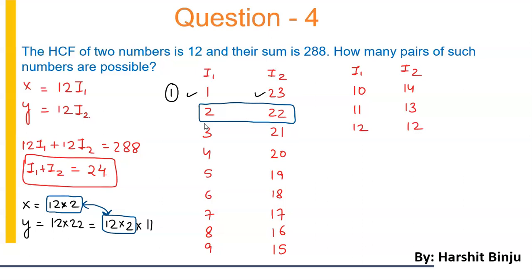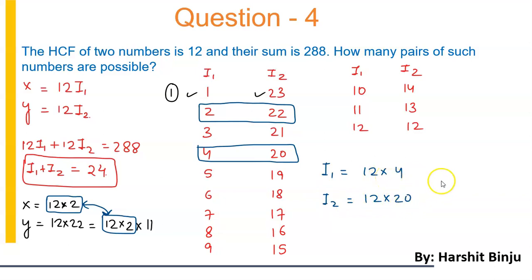Which means if you go for 4 and 20 also, I1 will become 12 into 4 and I2 will become 12 into 20. So it's not just 12 which is SCF. Now 12 into 4 will become the SCF, because I can take one more 4 from I2 also.